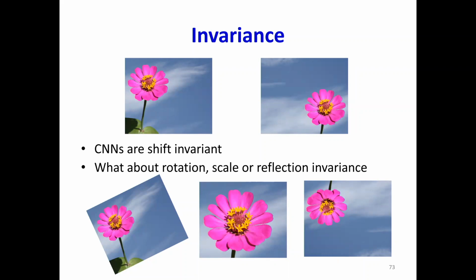What about for that? They don't look like the pattern that you're searching for, right? It has shift invariance, but it doesn't have scale invariance. It doesn't have rotation invariance. It doesn't have reflection invariance. The only way you're going to be able to introduce all of these invariances is by providing those also as training examples, so that it knows that an upright flower and an upside down flower are the same thing.